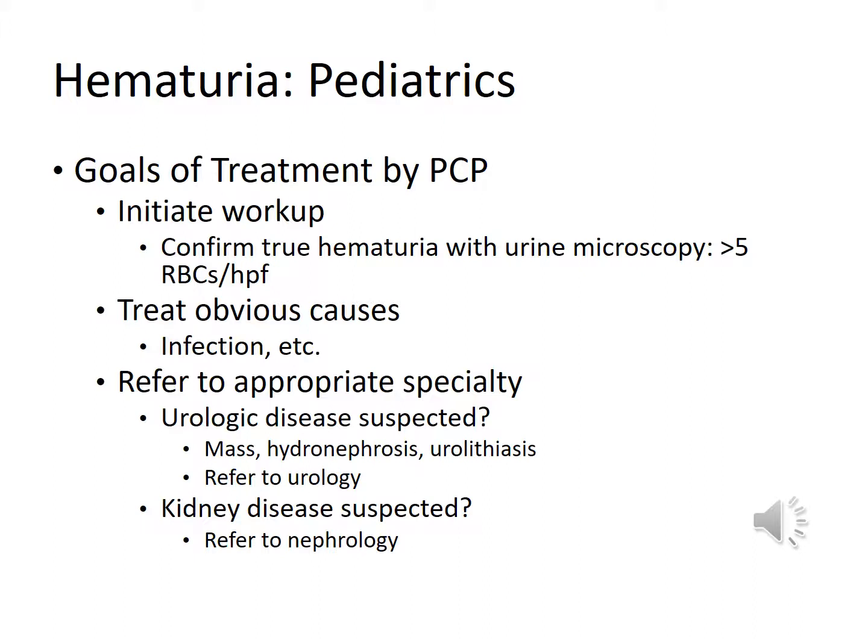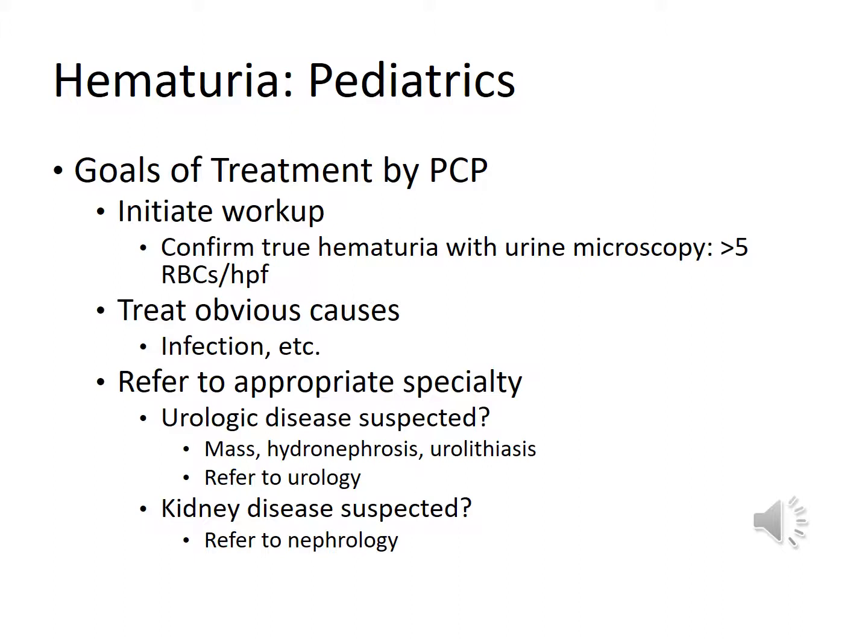But the difference is that in adults, hematuria is defined as 3 or more red blood cells per high power field. In children, it's defined as greater than 5 red blood cells per high power field. So if you have 5 to 10 red blood cells per high power field, that does confirm hematuria in children, and that is confirmed again on urine microscopy.